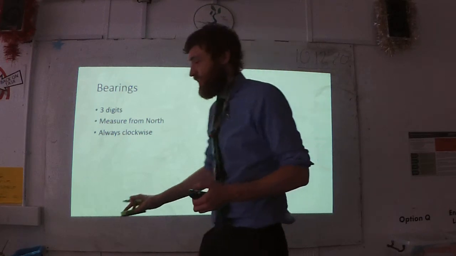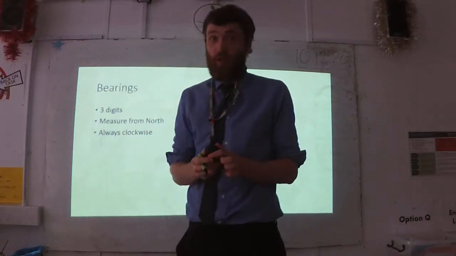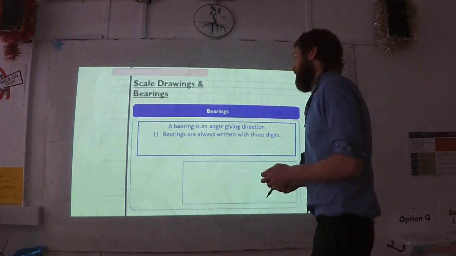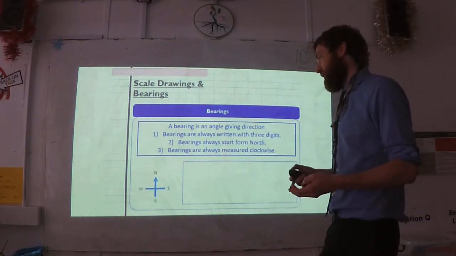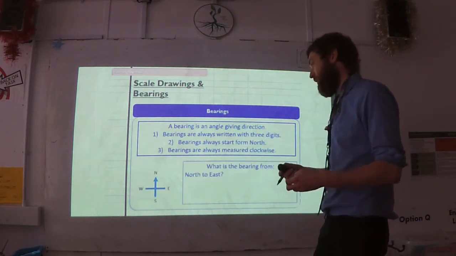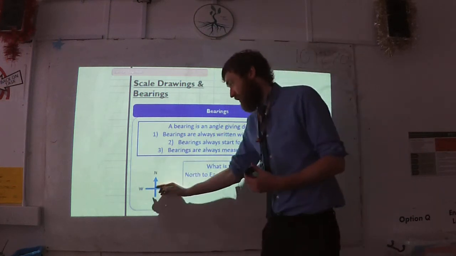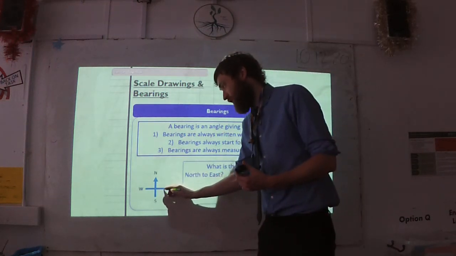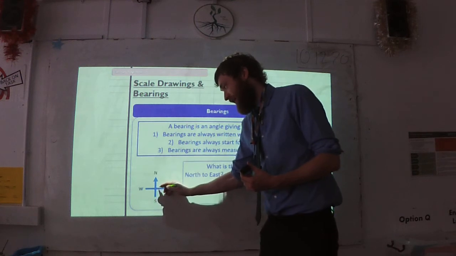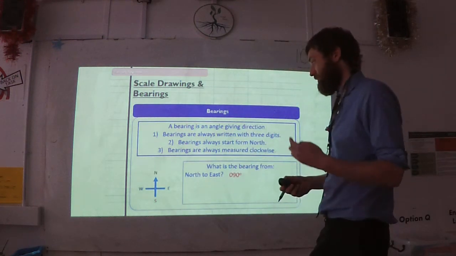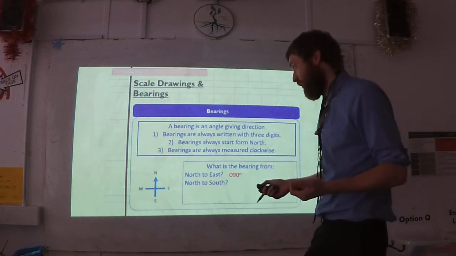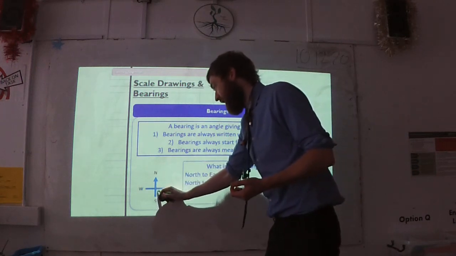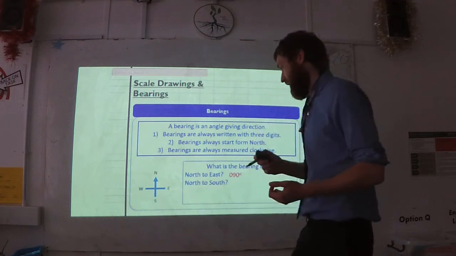Now, they're written in a slightly weird way, so I will go through that now with you guys. Alright? So we said that already, the 3 rules. So therefore, if I was to say, what's the bearing from north to east, you'd say, right, from here, north to east, so it would be that there, so it's going to be 90 degrees, because it's measured clockwise. With 090, obviously it's 3 digits. From north to south, would be here to here, so it would be that whole one there, so that's 180.